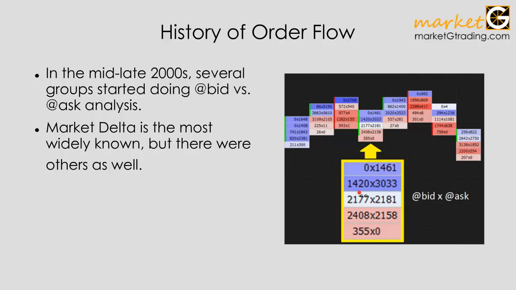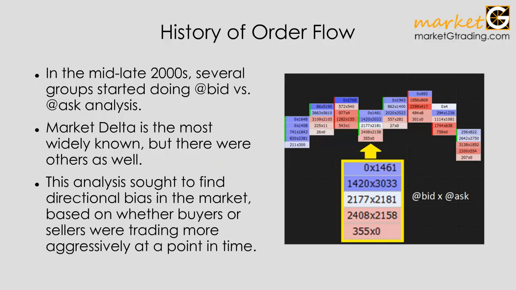Here there were 1420 at the bid and 3033 at the ask. This analysis sought to find directional bias in the market based on whether buyers or sellers were trading more aggressively at a point in time.